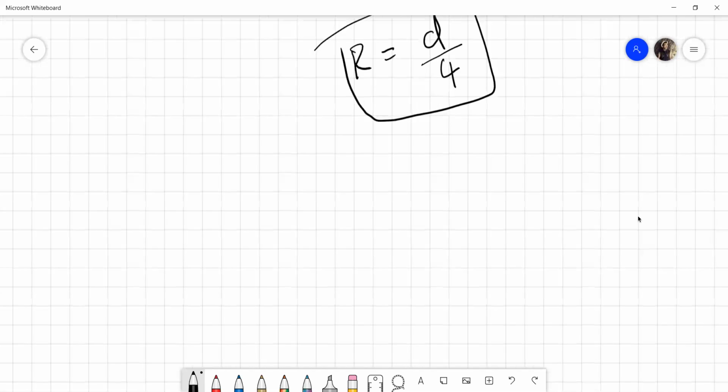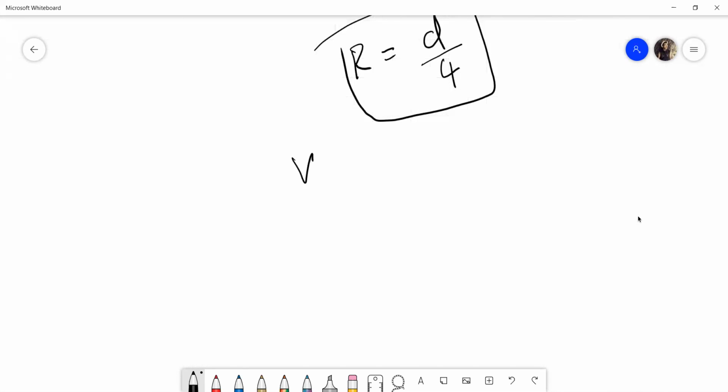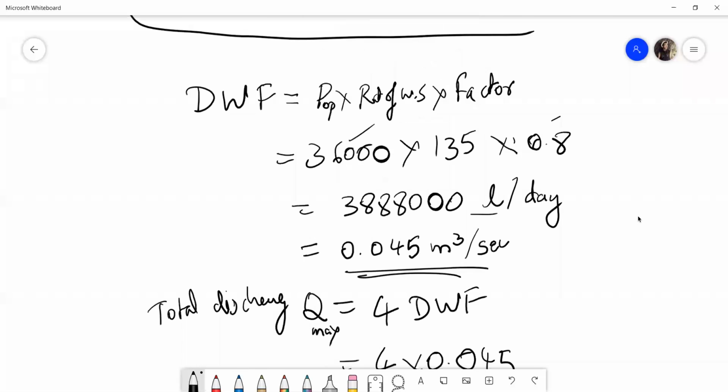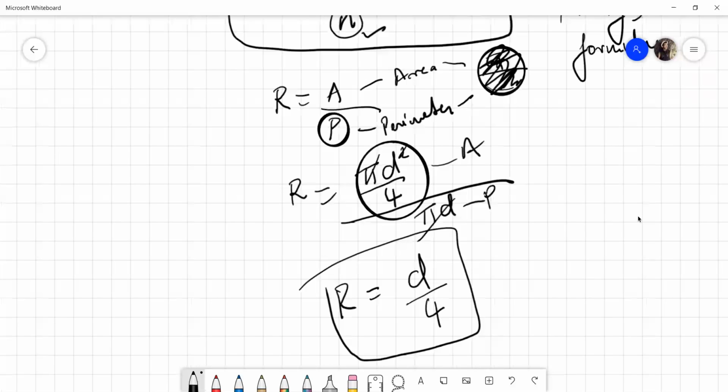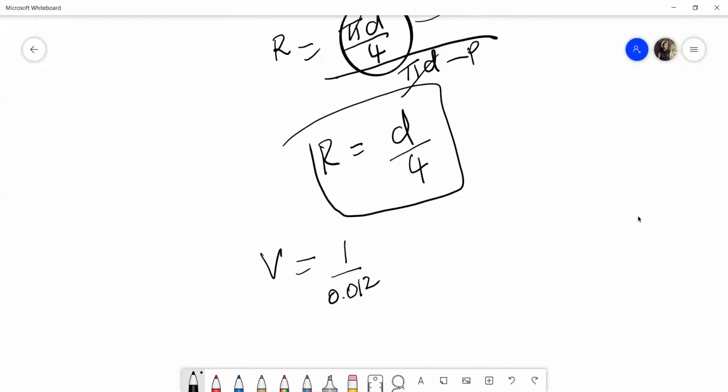Now, Manning's formula to find the velocity: V equal to 1 by N. N's value is 0.012, so 0.012 multiplied by R, which is D by 4, the whole to the power 2 by 3.